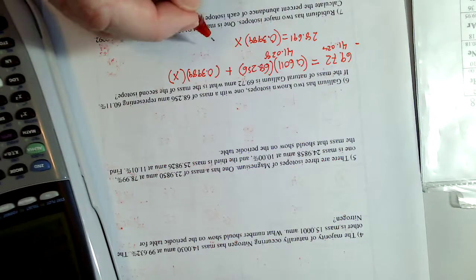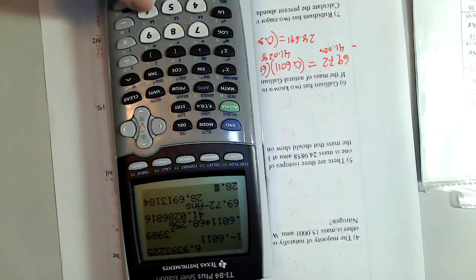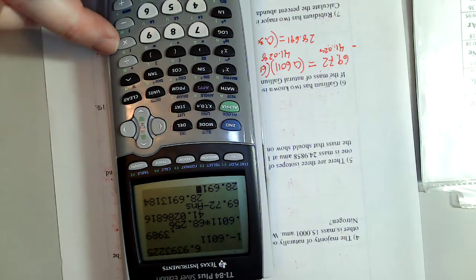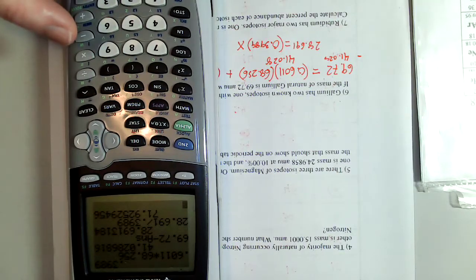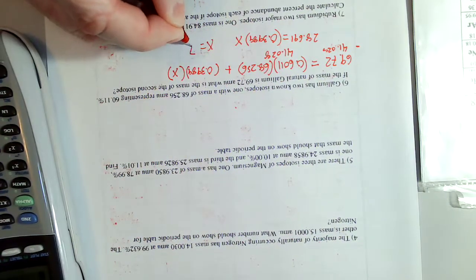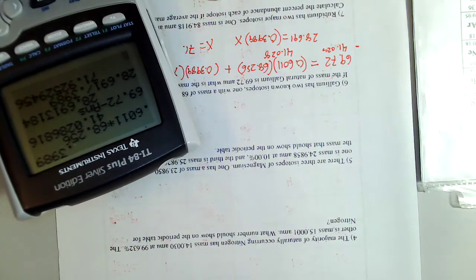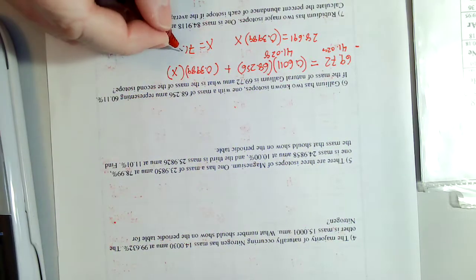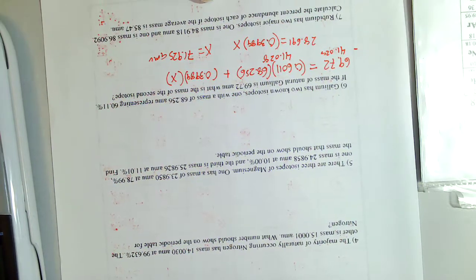So divide both sides by 0.3989. 28.691 divided by 0.3989, and that tells me 71.93. X equals 71. Let's go one more sig fig after that, 925 AMU. Okay.